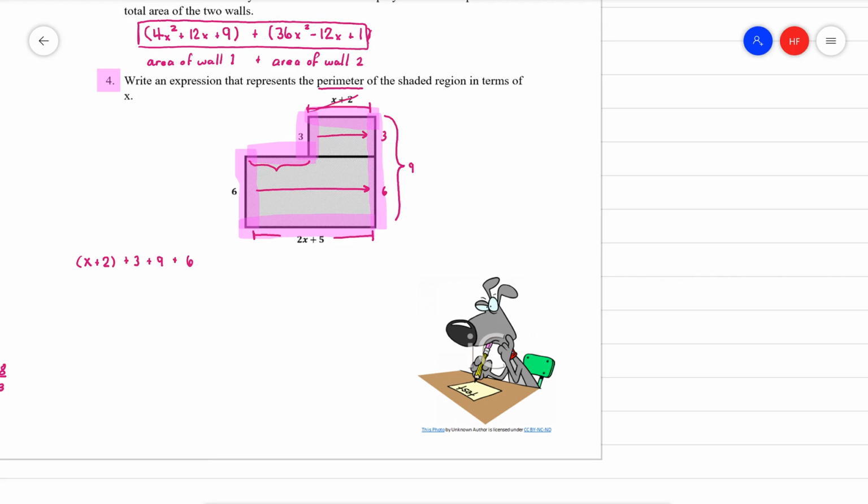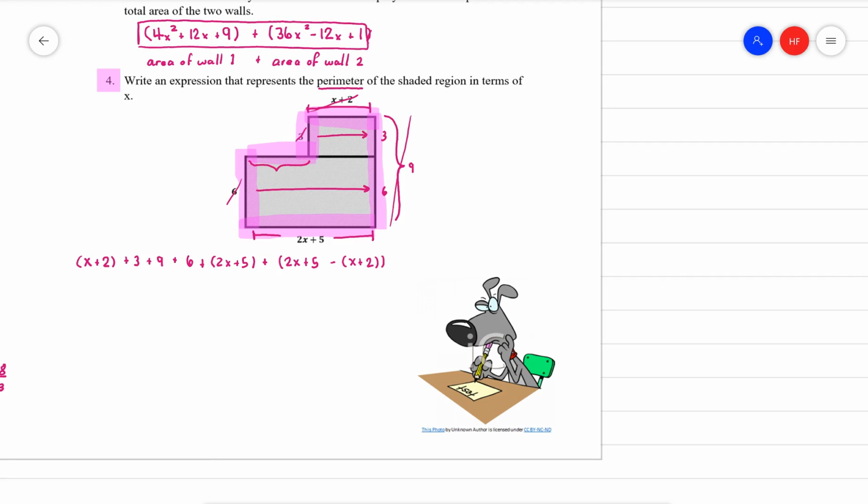So I've done this wall, this wall, this wall, this wall, plus 2x plus 5, and then plus 2x plus 5 minus x plus 2. So this looks crazy. It looks absolutely insane, but it is not that hard because right now, all we have to do is combine our like terms.